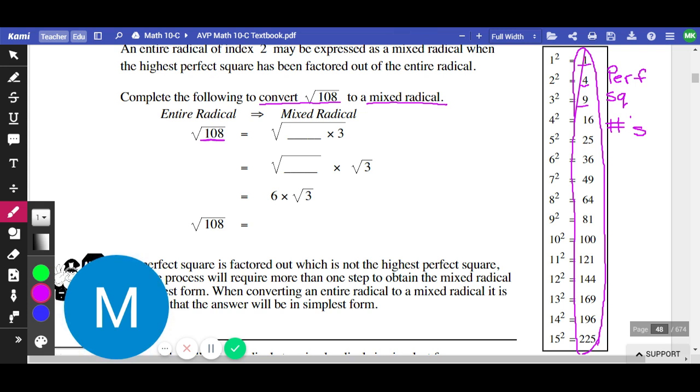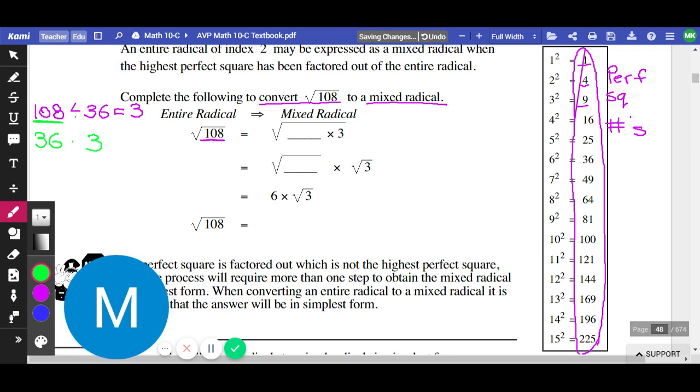Eventually, I work my way to 36. I go 108 divided by 36, and my calculator tells me the answer is 3. What this means is that I can take the number 108 and change it to be 36 times 3.